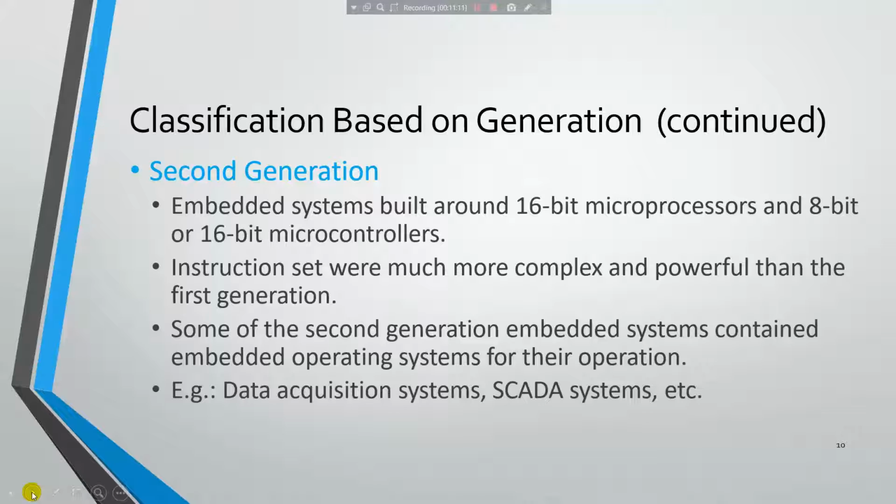Here the instructions were a little more complex and powerful, but it was still possible to understand how they executed. Some second generation embedded systems contain embedded operating systems for their operation. You have heard of SCADA, an operating system used in embedded systems for data acquisition systems. These are the applications of second generation embedded systems.